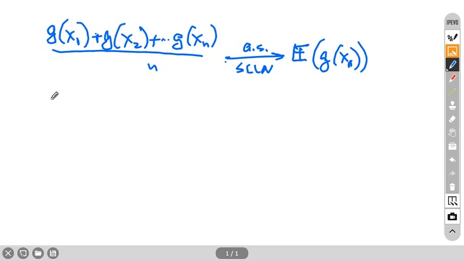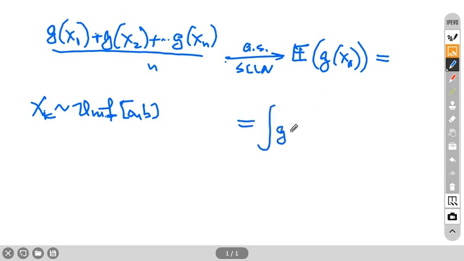Now I have the distribution of the xk's, uniform from a to b. If I know this, then I can calculate this expected value, and this expected value will give the integral of g of small x from minus infinity to plus infinity times the PDF of x dx.